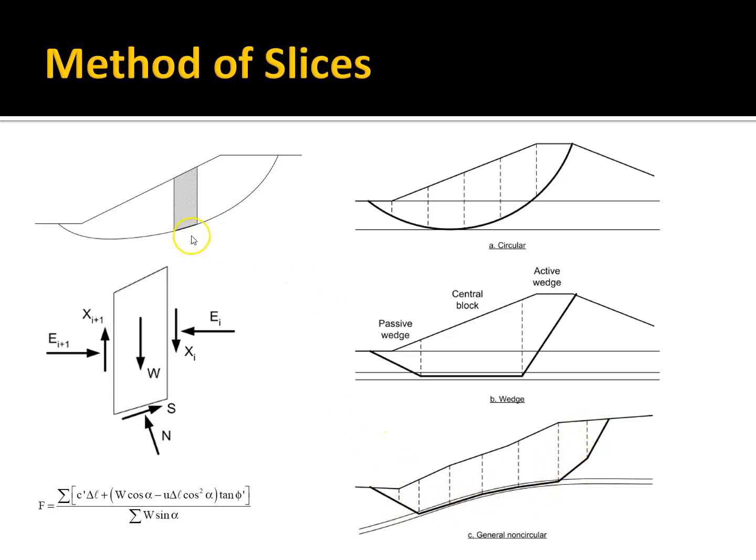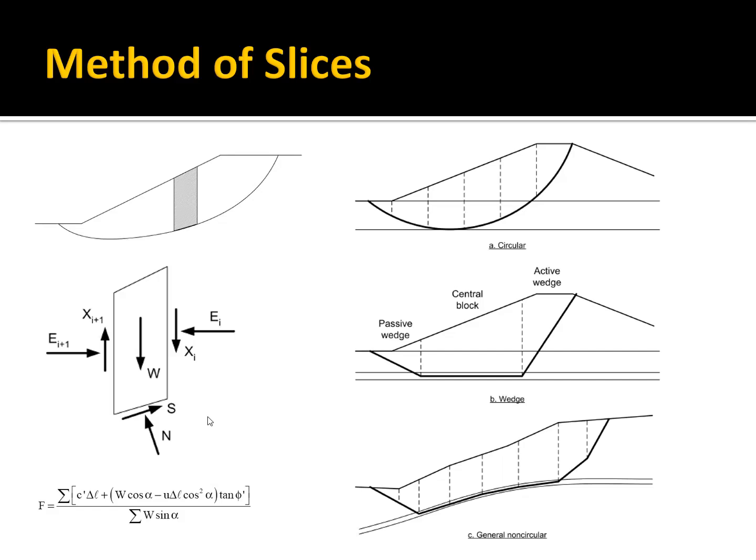In the general case on the left, you have each of these individual slices. You can do a free body diagram where you have the weight of the slice acting through the center of the slice. At the base of the slice, you have a normal force and a shear force.